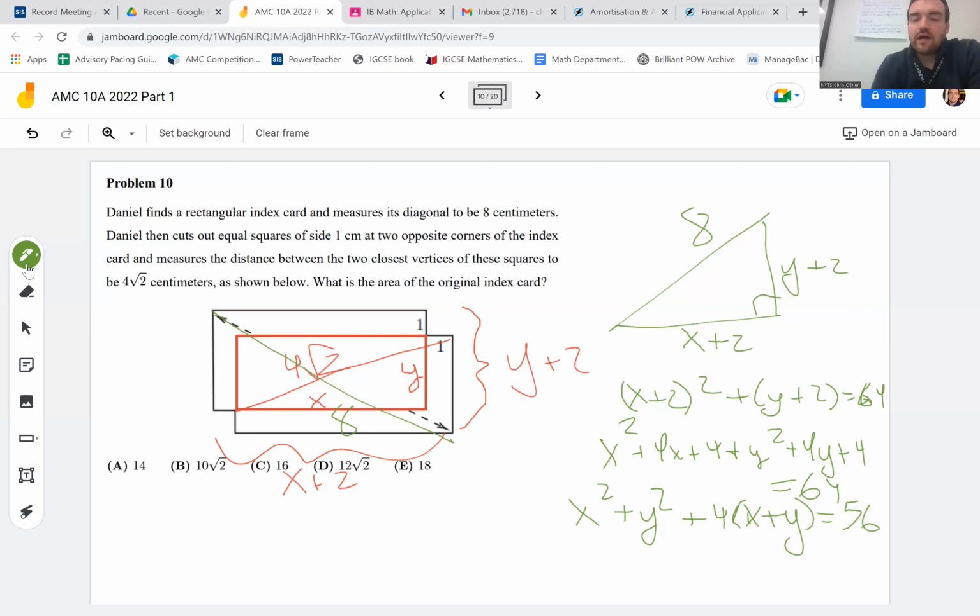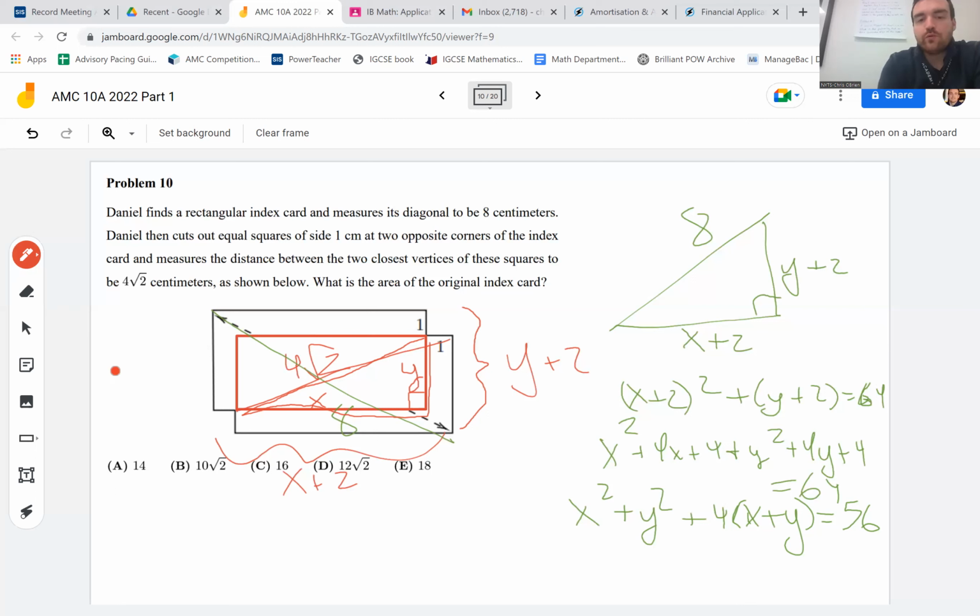Now one other thing I know is, by looking at this red triangle from the inside, using the Pythagorean theorem again, X squared plus Y squared is equal to 4 square root 2 squared, or X squared plus Y squared equals 32.